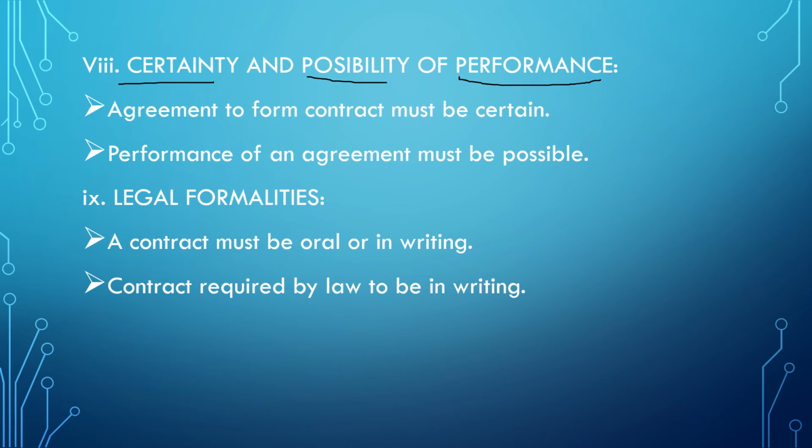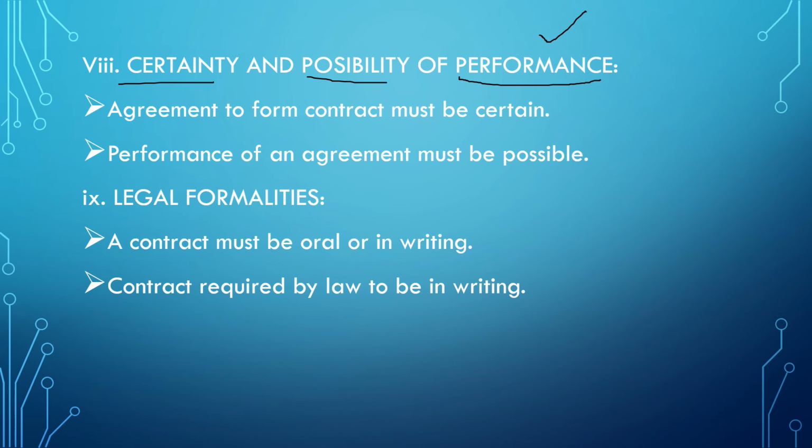The performance must be a happening thing. If a person says he will sell his products on February 31st or February 30, that is an impossible and uncertain thing.